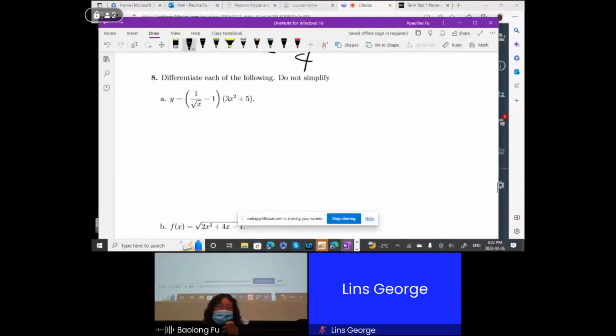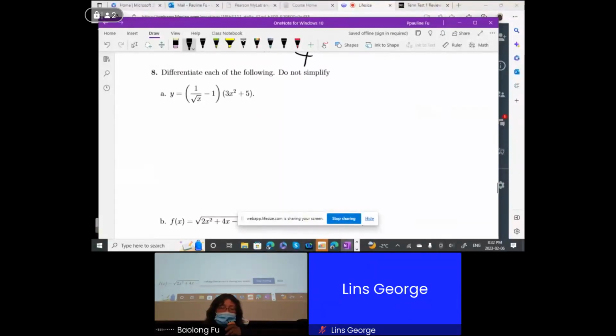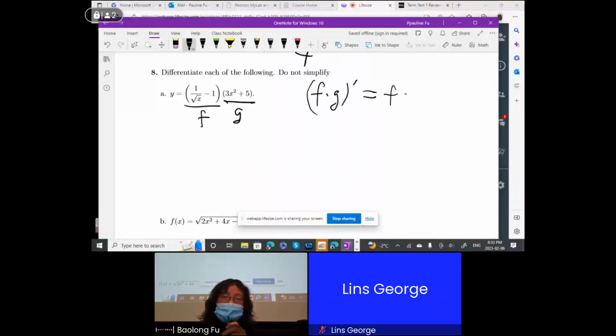Question 8. Differentiate. Do not simplify. So this one uses the product rule. This is f(x). This is g(x). So f times g, the derivative equals f g prime plus g f prime. Use this rule.